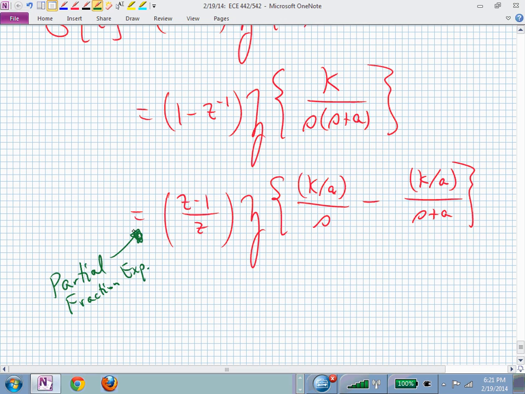So by a partial fraction expansion, we can now rewrite that product of terms in the denominator as individual pieces that we now know how to z transform.